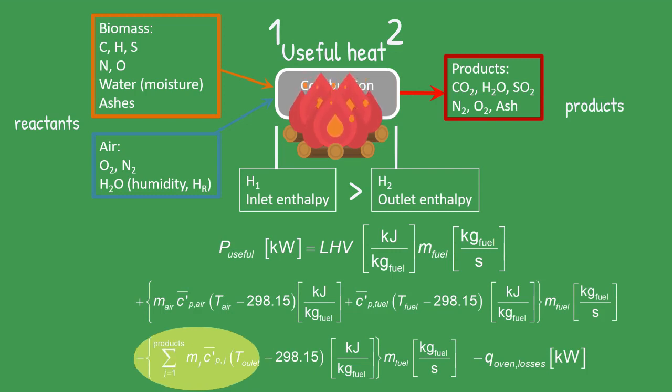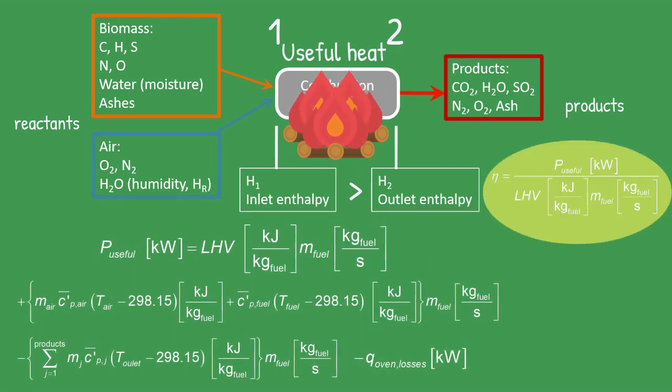The energy balance reveals that the useful heat and the efficiency decrease with the outlet temperature of ash and flue gas, and that both increase with the inlet temperature of the combustion air. They also decrease with the thermal losses in the boiler walls. With all these data, we can calculate the thermal energy efficiency of a biomass boiler.